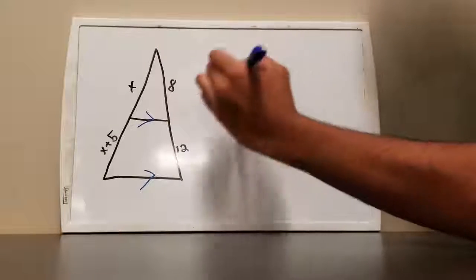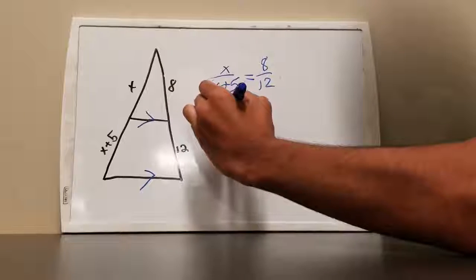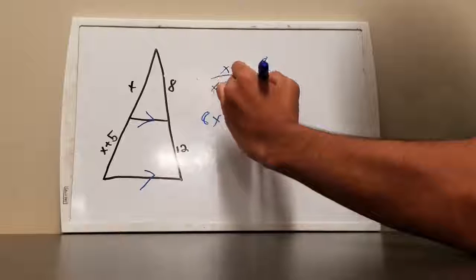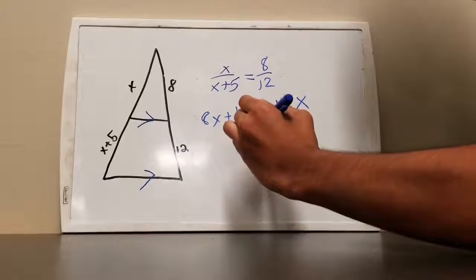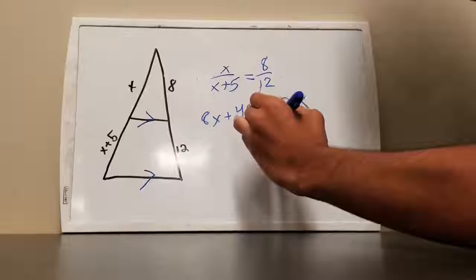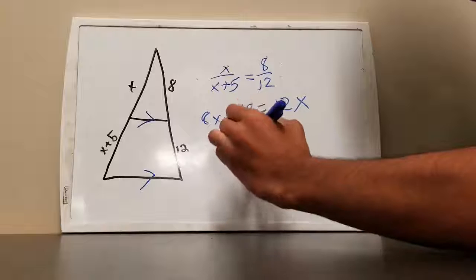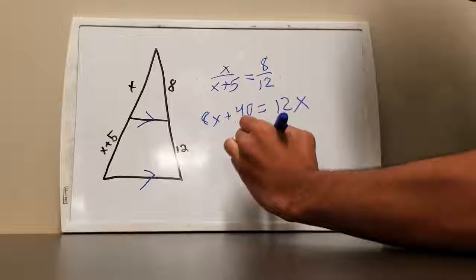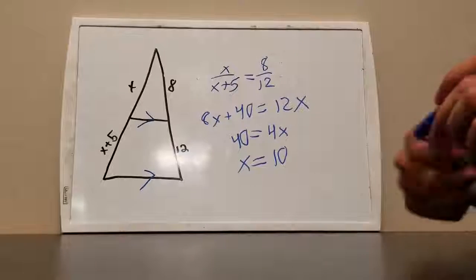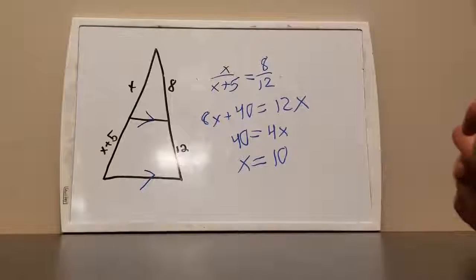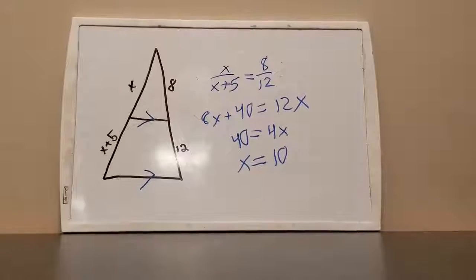Then we're able to cross multiply, subtract 8x and divide both sides by 4, and we get x equals 10. This method is much faster than the traditional method.